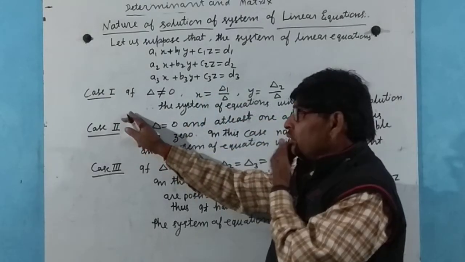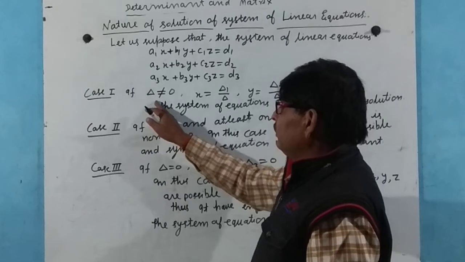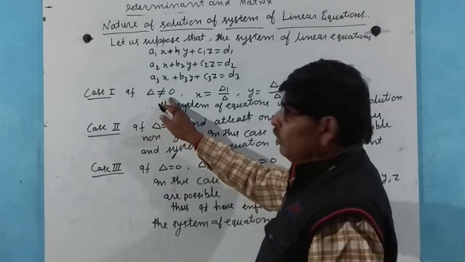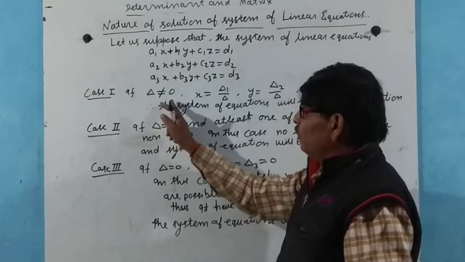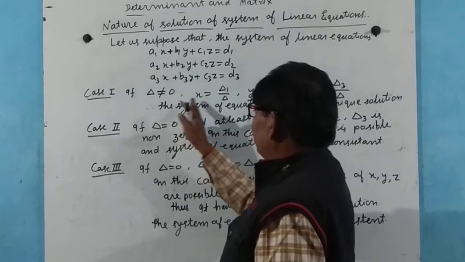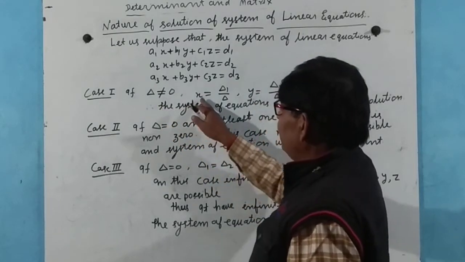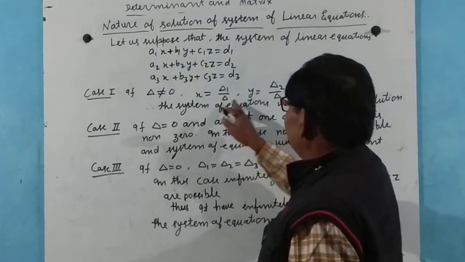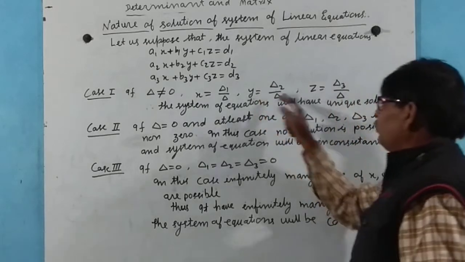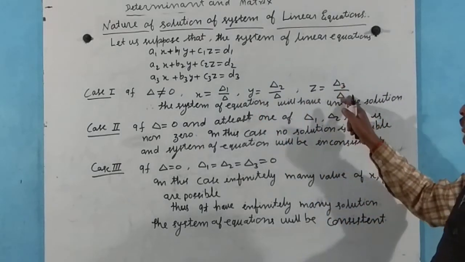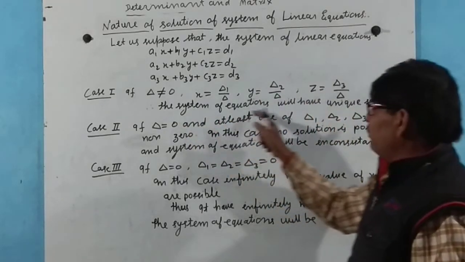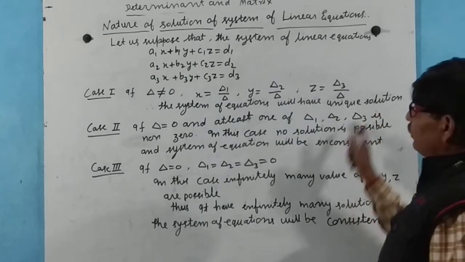Case first, if delta does not equal 0, in this case x equal to delta 1 by delta, y equal to delta 2 by delta, z equal to delta 3 by delta, the system of equations will have a unique solution.